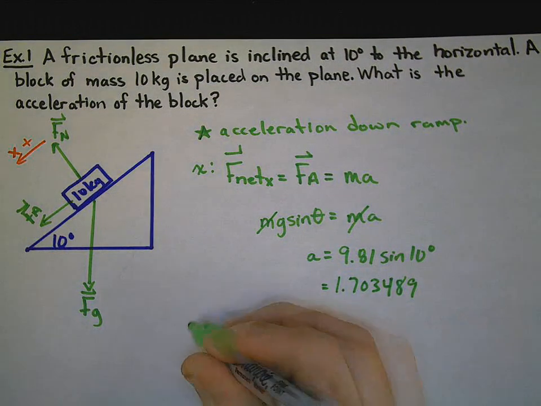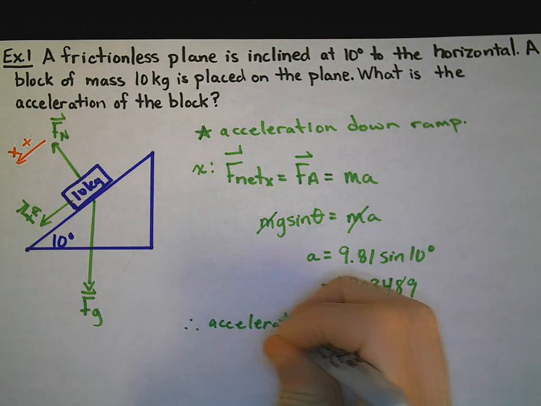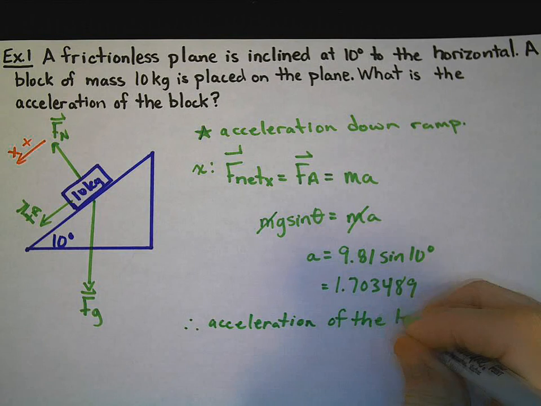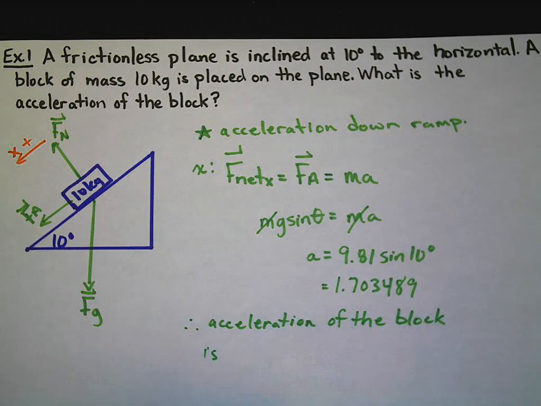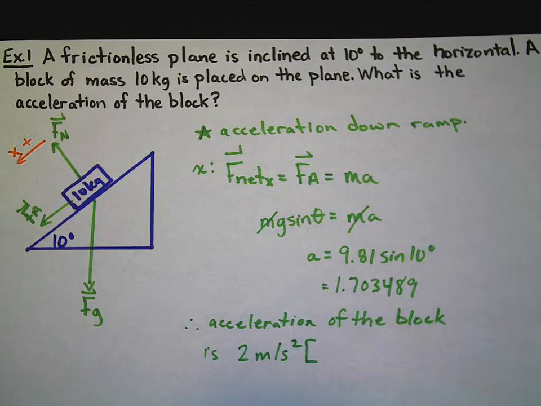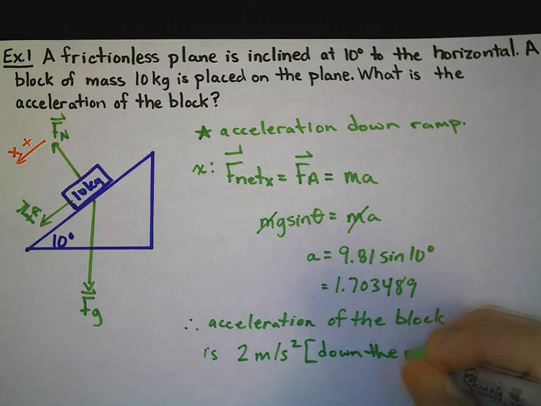So therefore, the acceleration of the block is, I'm looking at significant digits, I only have one significant digit, so 2 meters per second squared, and the direction in this case is down the ramp.